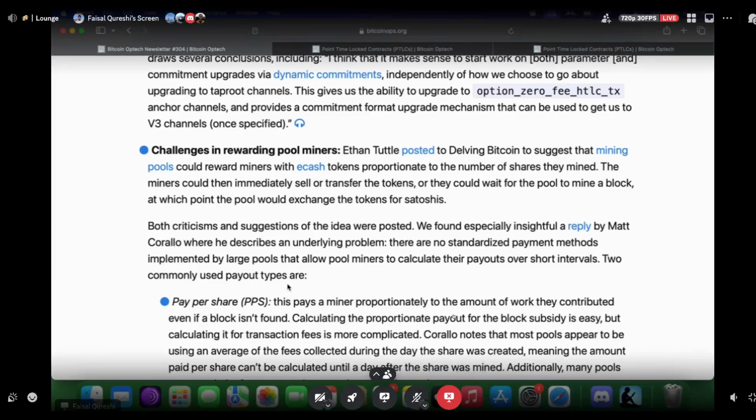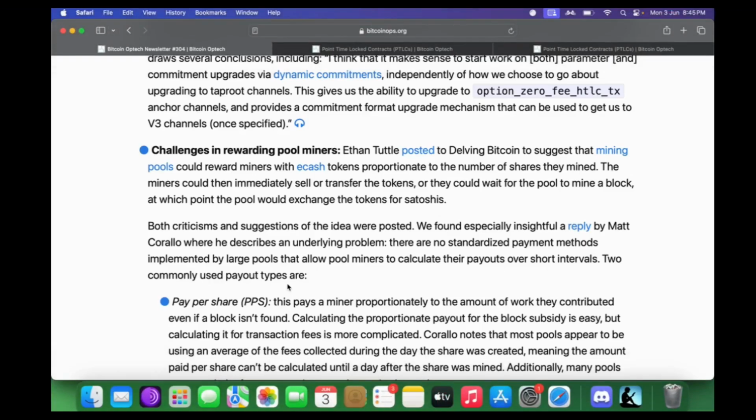So if you are a solo miner and you don't want to wait till the pool that you are mining with finds a block, or you don't want to wait till you reach a certain threshold of bitcoins after which you are eligible for a payout, what you can do is ask your mining pool to give you eCash tokens at regular intervals. With those eCash tokens, you can either find a buyer that is willing to buy your eCash tokens for bitcoins, so you can redeem them instantaneously, or you can find somebody on the Lightning network who can take your eCash tokens and swap them.